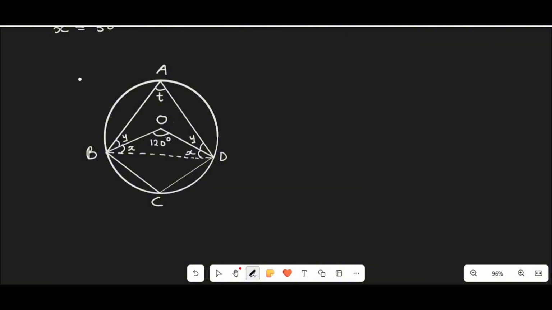That means angle BAD plus angle ABD plus angle ADB is equal to 180 degrees.